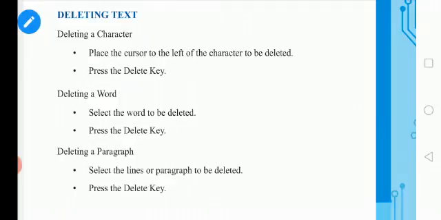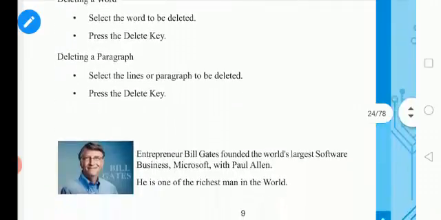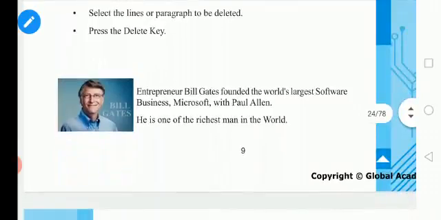That character is nothing but a single character, either a letter, number or special character, whatever. Then deleting a word: we have to select that word and press the Delete key. And also for deleting a paragraph, in the same way we select a complete paragraph, and then press the Delete key.